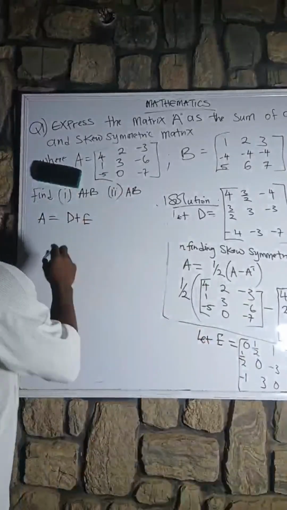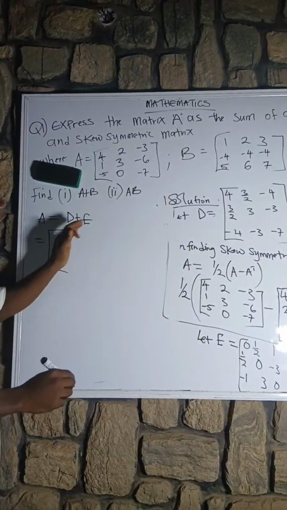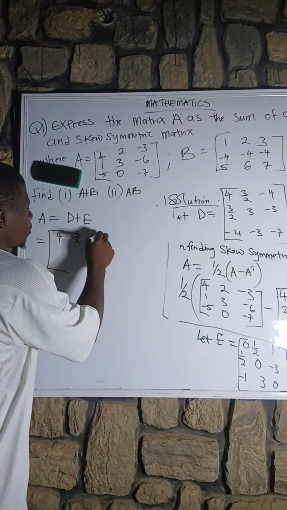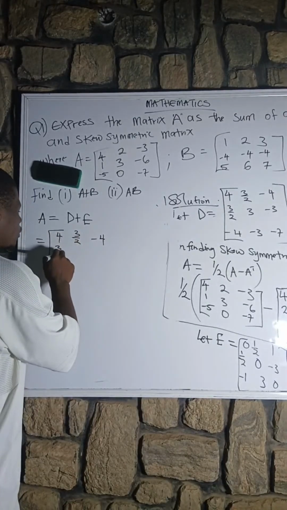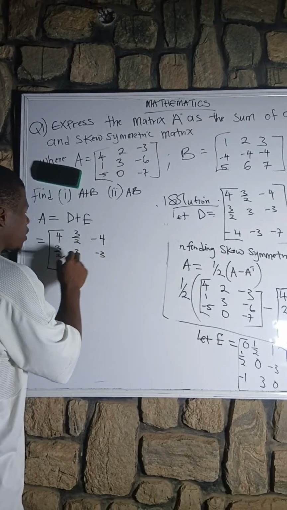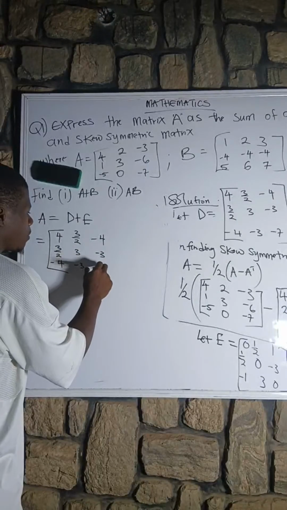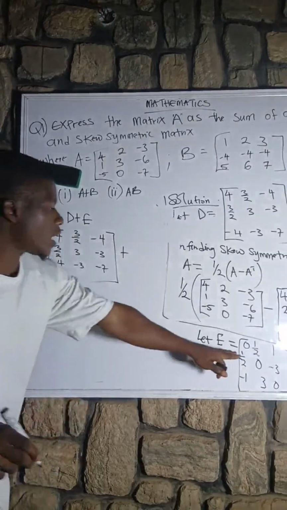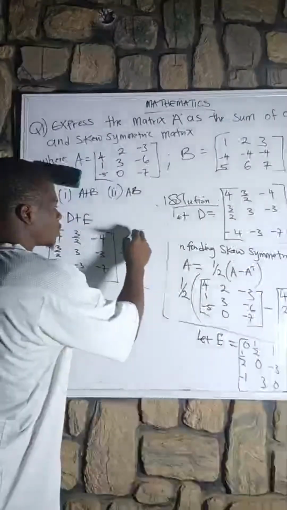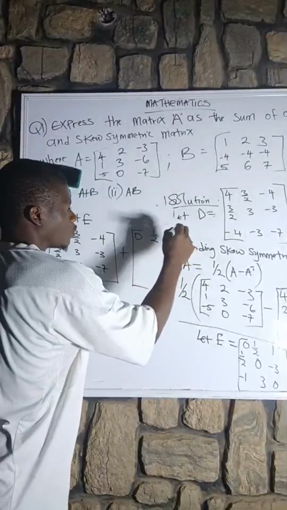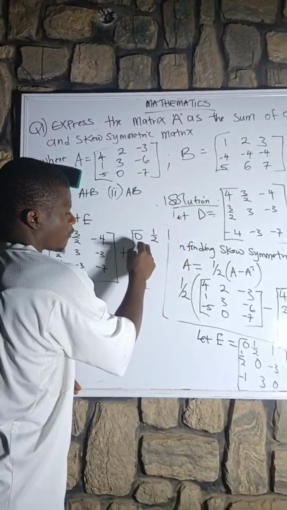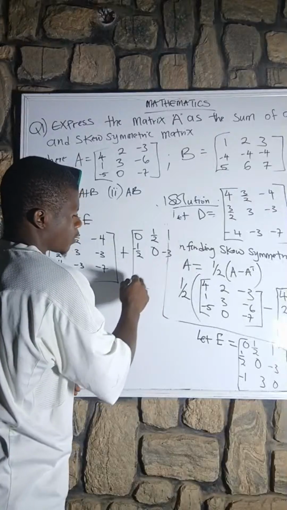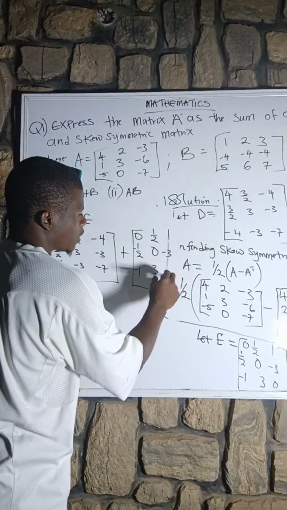So now let's add it together. Our D was 4, 3 all over 2, minus 4, 3 all over 2, 3, minus 3, minus 4, minus 3, minus 7. And then plus our E: 0, 1 all over 2, 1, minus 1 all over 2, 0, minus 3, minus 1, 3, and 0.